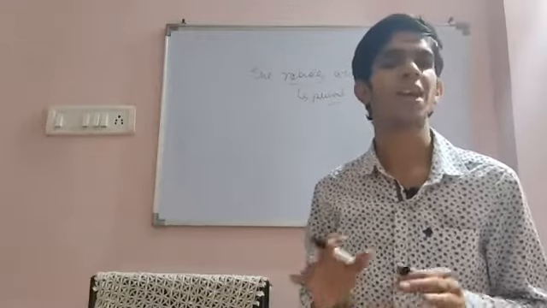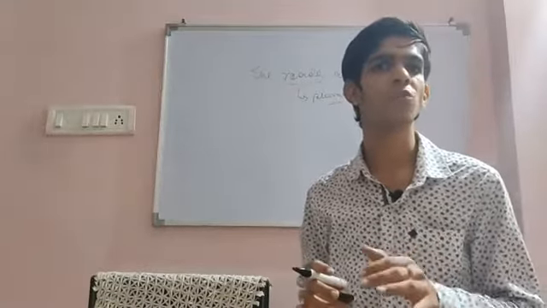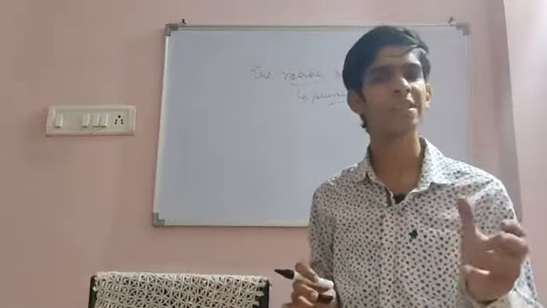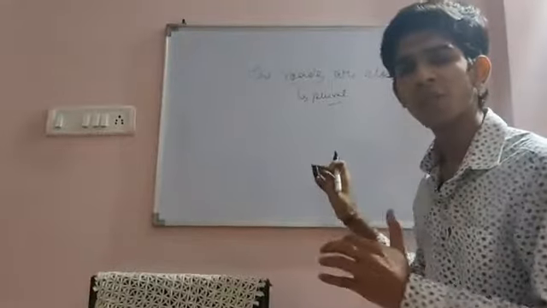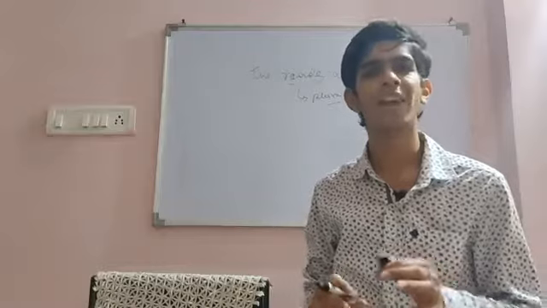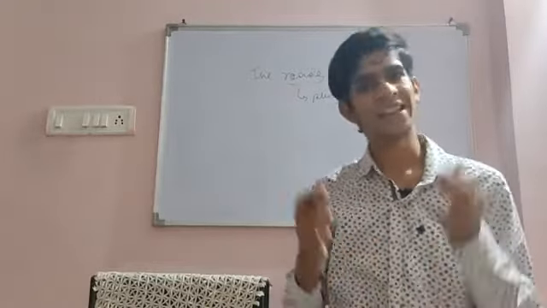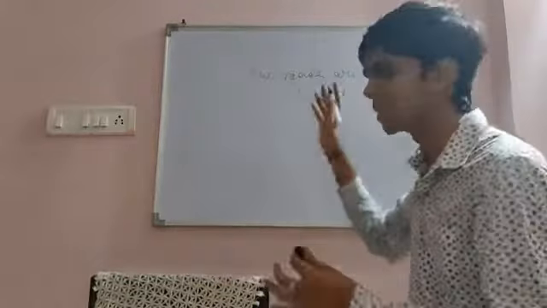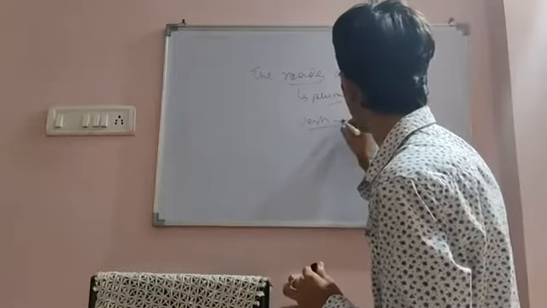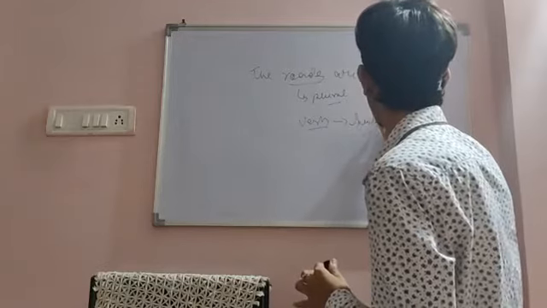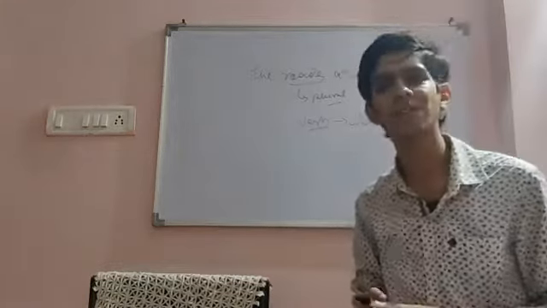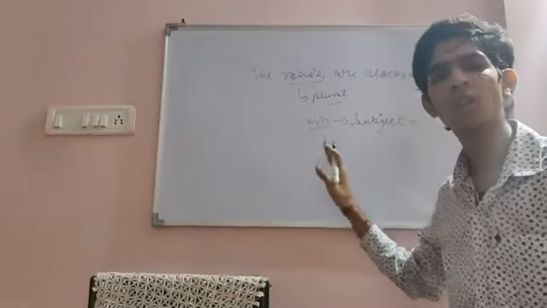This can't happen, and it is definitely going to be a wrong sentence. If the verb agrees with the subject, then it is fine, and that is called subject-verb agreement. As simple as that.